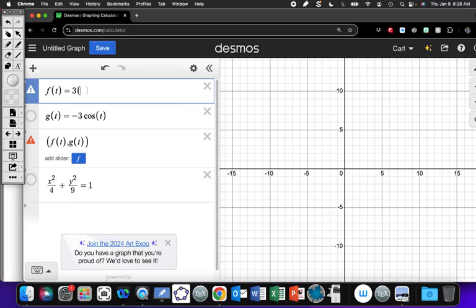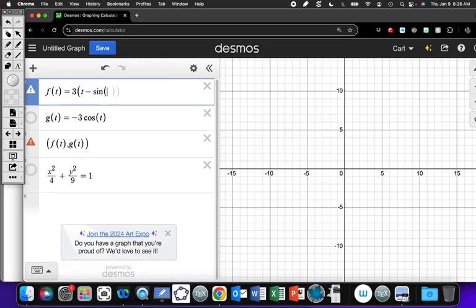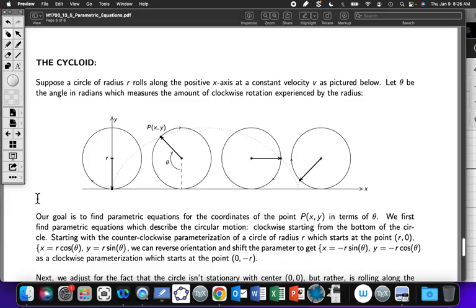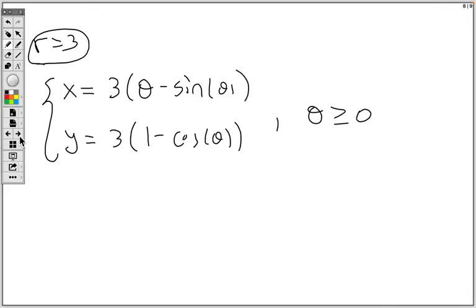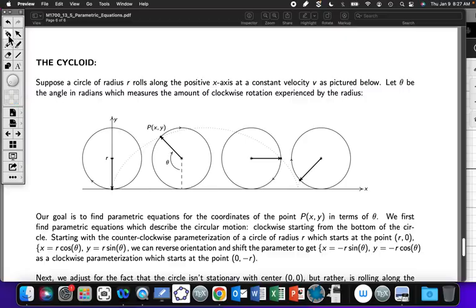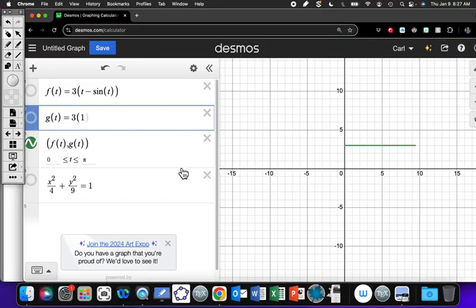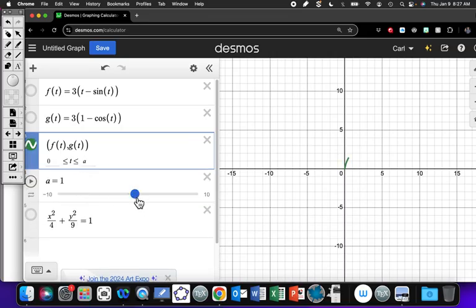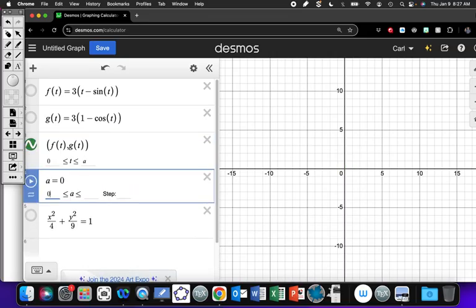We got 3 times t minus sine of t, and then we got 3 times 1, was it 1 minus sine of t? Is that right? 1 minus cosine t. And we'll just go from 0 to a. We'll add a slider that starts at 0 and goes to, I don't know, 10 or something.